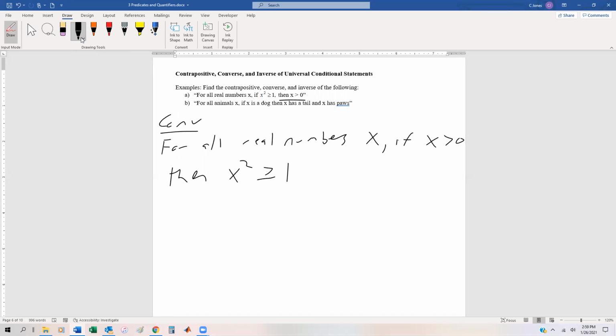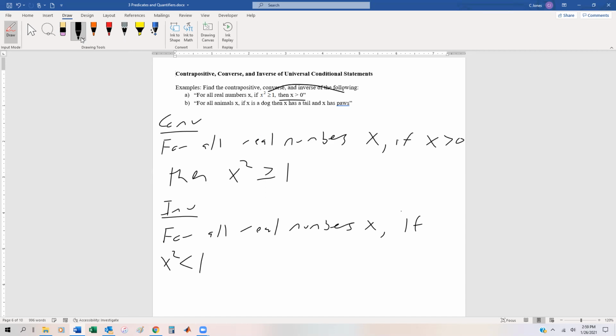For the inverse, for all real numbers x, now remember the inverse flips the two statements and negates them. So we're going to say if x squared is less than 1, then x is less than or equal to 0.